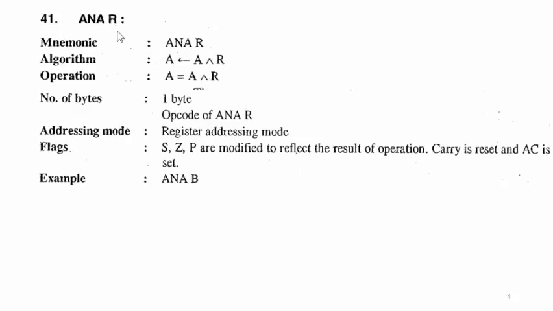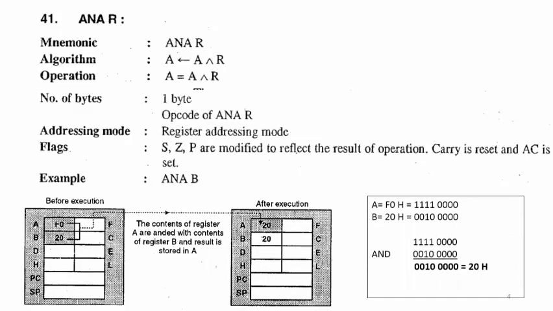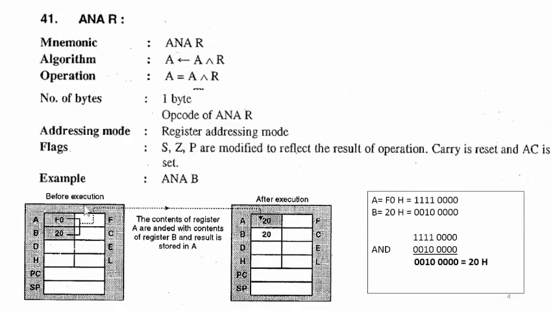For example, suppose the general purpose register B. So ANA B means accumulator content gets ANDed with B register, and we get the result in the accumulator itself.